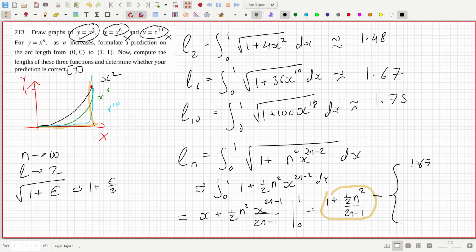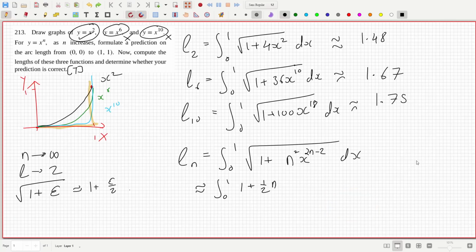So is there any other way I can approximate this since I can't really do it algebraically? Let's think. Let's see.